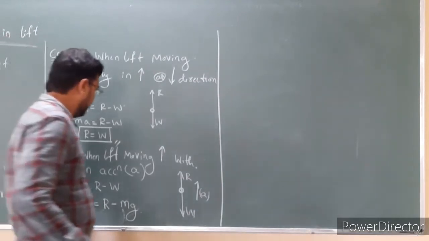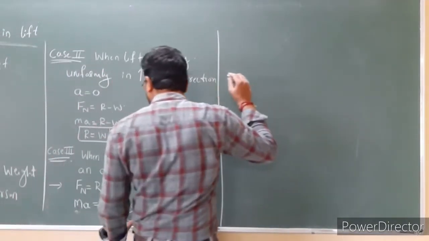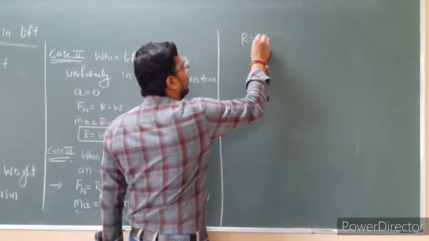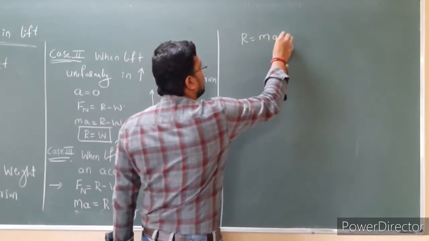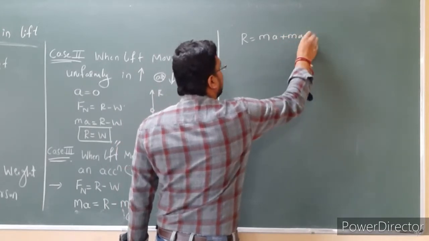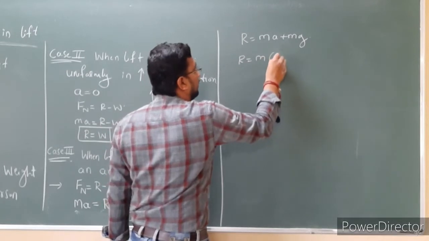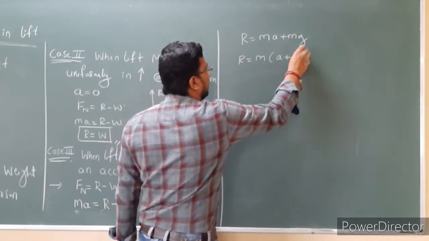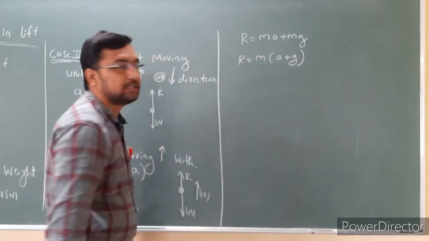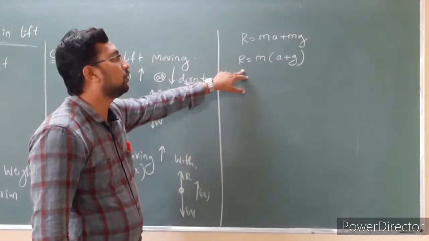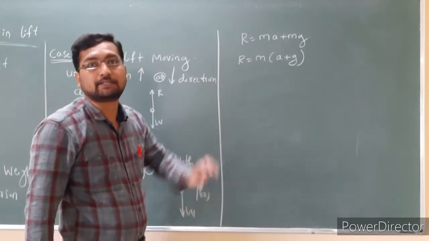So in the next step, take this minus mg to this side, then it becomes R is equal to ma plus mg. Take m common, then R is equal to m bracket of a plus g. This indicates that the apparent weight of the person is m bracket of a plus g, right?